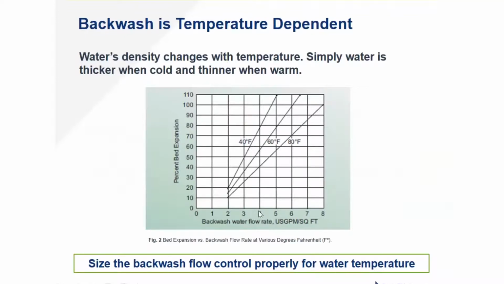So bare minimum, and here in northern Illinois where the groundwater is fairly cold, I'm going to want a bare minimum of a 4 GPM flow control. My unit has a 5. So it's really about tweaking this to the environment you're in.